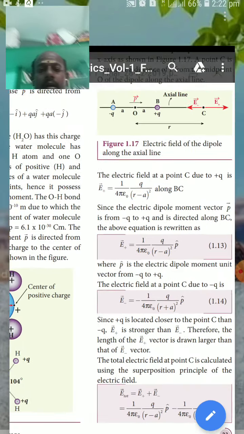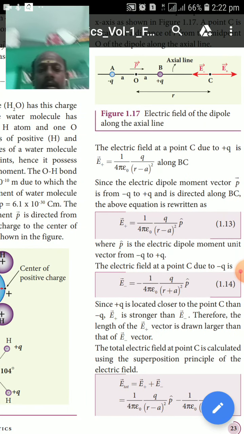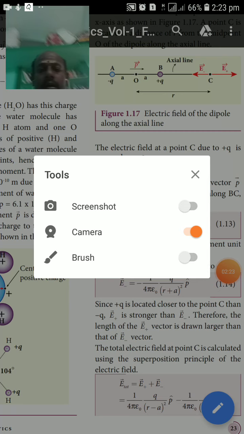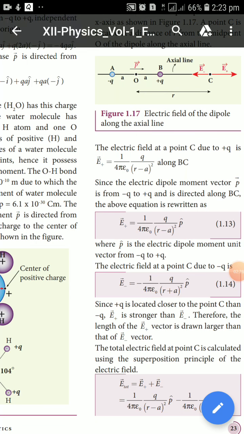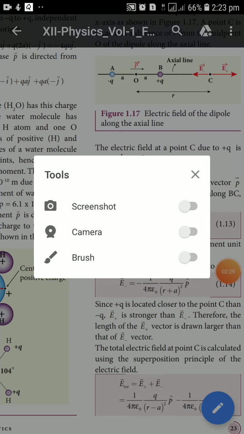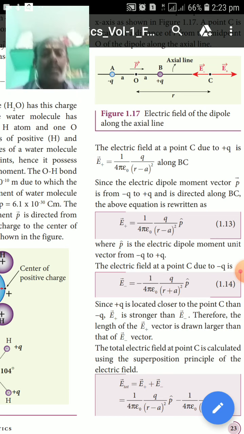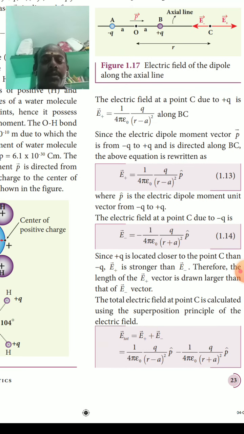Now from this equation, E plus is equal to 1 by 4 pi epsilon naught, Q by (R minus A) the whole square, and E minus is 1 by 4 pi epsilon naught, Q by (R plus A) the whole square. Both are along the same vector, that is the P vector, which denotes the x direction. Through this, the resultant field will be the summation of these two.